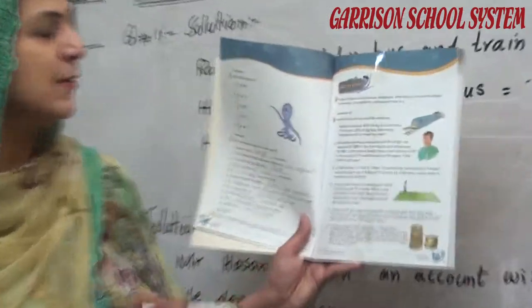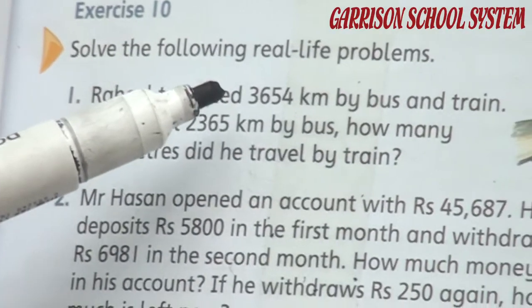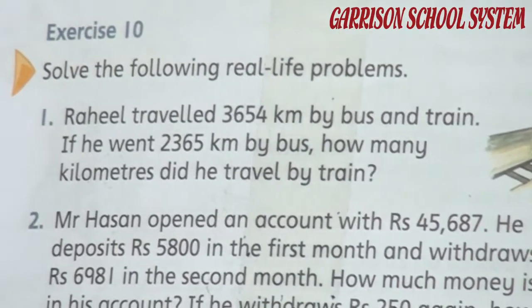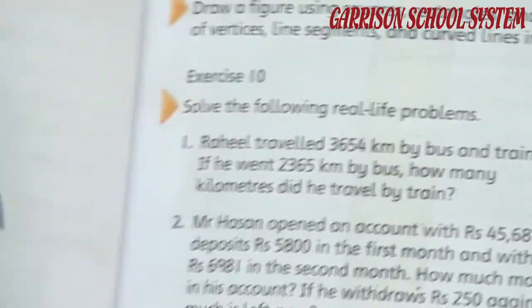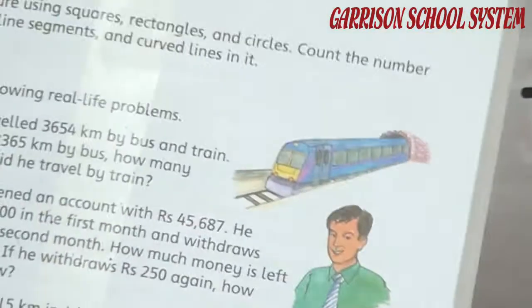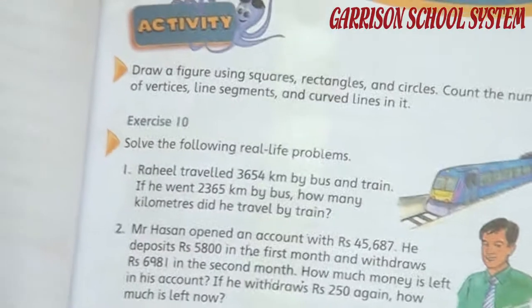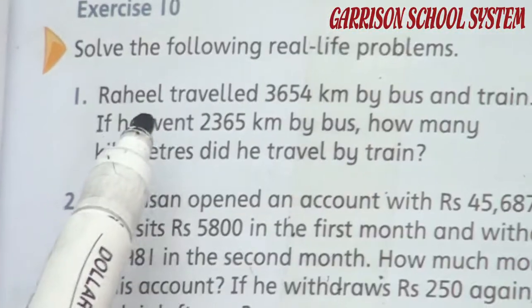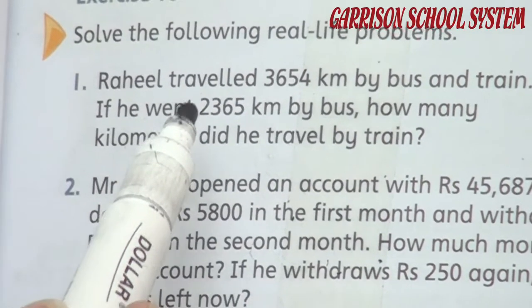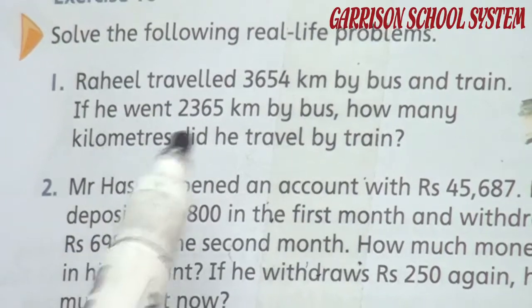Question number 1 is, Rahil travelled 3,654 kilometers by bus and by train both. And if he went 2,355 kilometers by bus, how many kilometers did he travel by train?